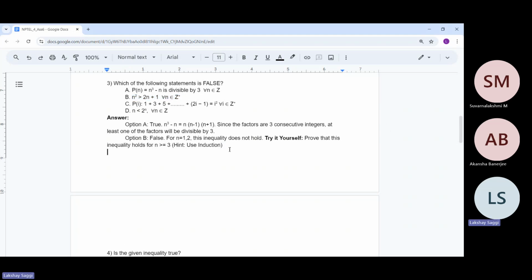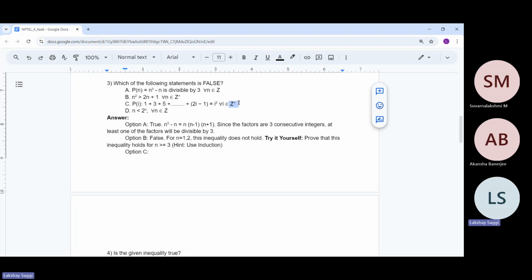Okay, so we know that option B is false. Now coming to option C. Option C says that P(i) is equal to 1 plus 3 plus 5 till 2i minus 1. So this summation, 1 plus 3 plus 5 till 2i minus 1, is actually equal to i square for all i belonging to Z plus, where again Z plus is the set of positive integers.